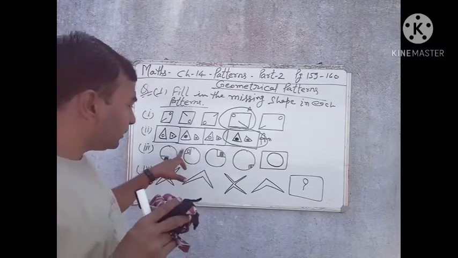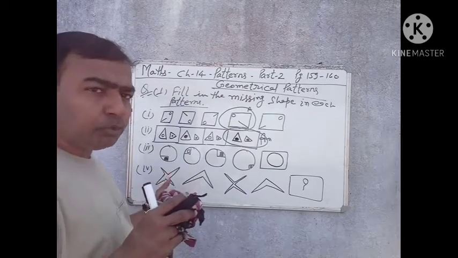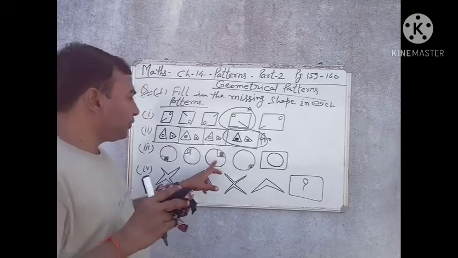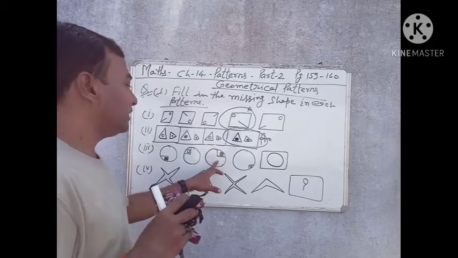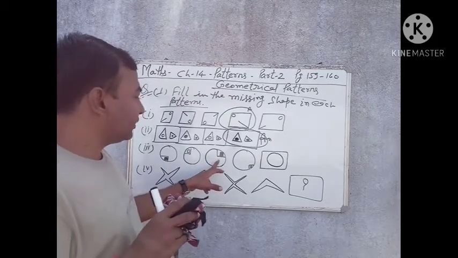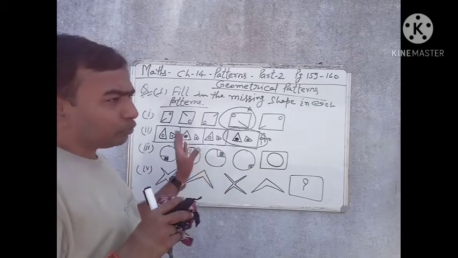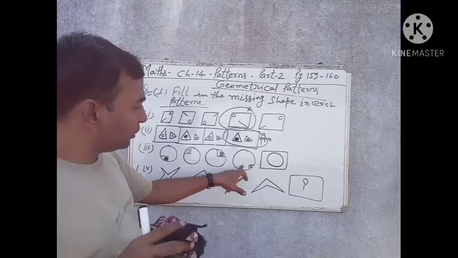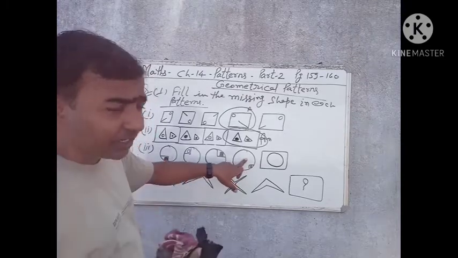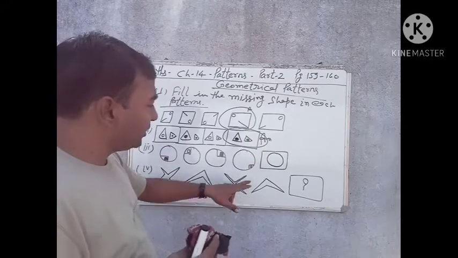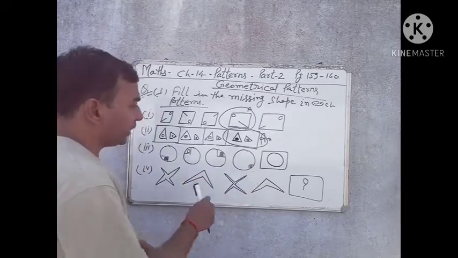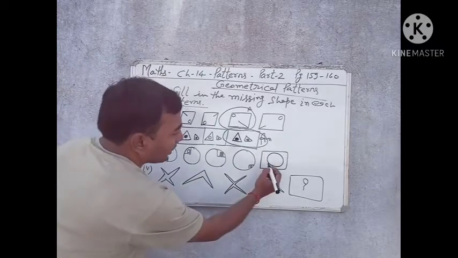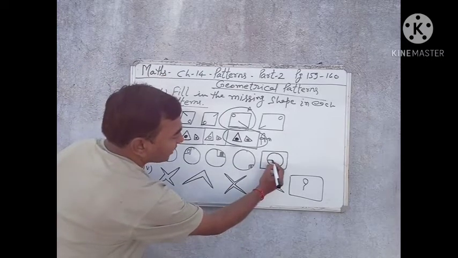In the second circle, the minor segment moves upward. In the third circle, the minor segment moves to the right hand side. In circle number 4, it moves downward on the right hand side. So in the next figure, first we will draw the minor segment like this.